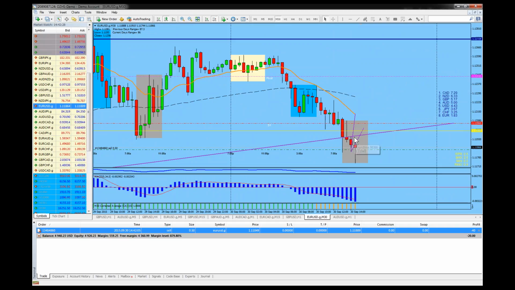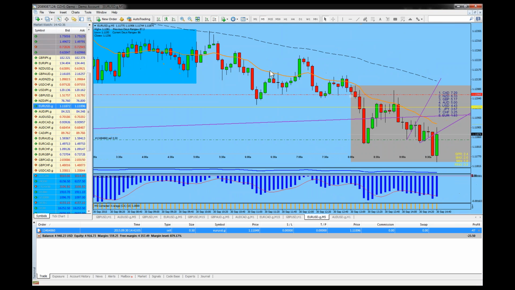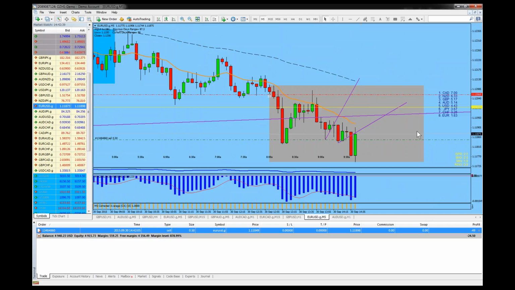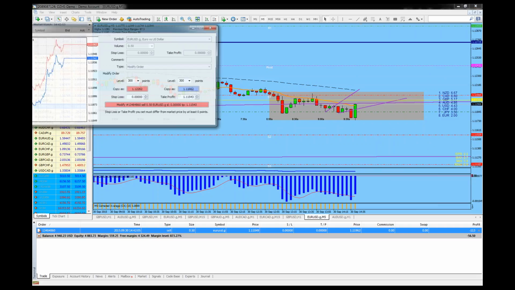I'm going to leave my stop open for the moment and look for a bounce off of a significant area here on the 5 minute. And let me just put a take profit down here. I want to put it 30. I'll put it there.